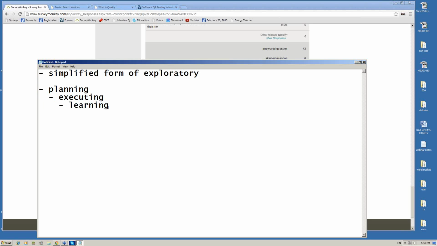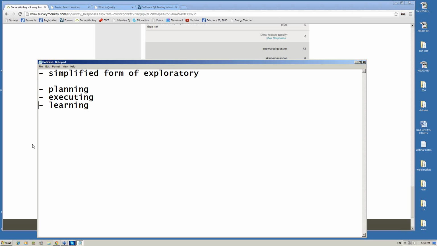We analyze what happened and we say, that moment is why we do that. So that is exploratory. But when it comes to ad hoc, we do all that at the same time. All three things happen at the same time: planning, execution, and learning. And from outside, it looks like monkey testing, because monkey does not plan and monkey does not learn. Monkey just executes with no learning curve.